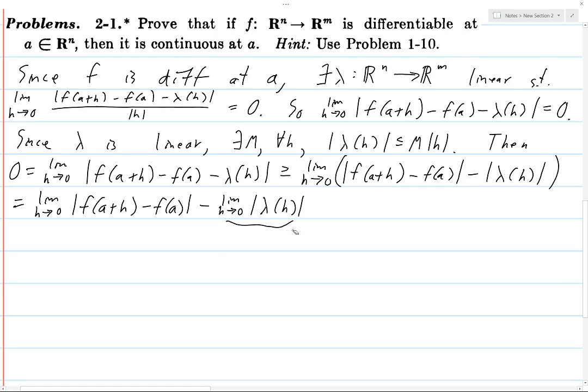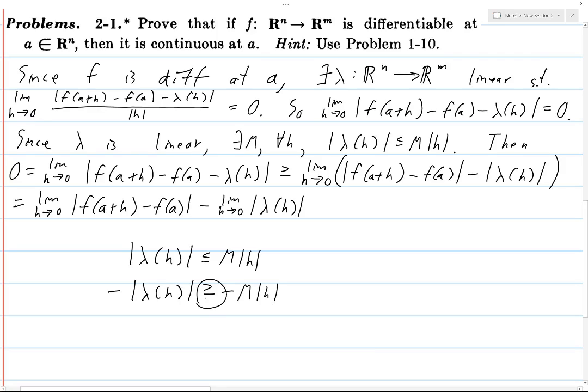Now, remember, we have lambda of h is less than or equal to M times the norm of h. But this is for positive things. If we put minus signs, then the norm of lambda h is going to be greater than or equal to negative M norm of h. And this inequality remains if we take the limit as h goes to 0.